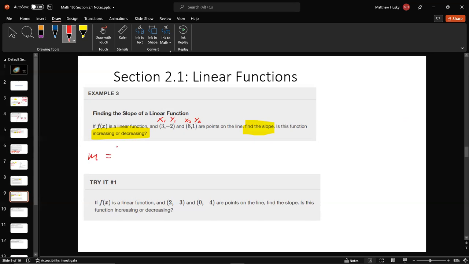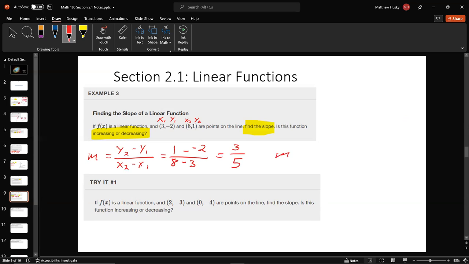So you've got y2 minus y1 all over x2 minus x1. The second y value is a 1. You subtract the first y value, which is -2. Second x value is an 8. Subtract the first x value, which is a 3. 1 minus -2 is the same as 1 plus 2, that's 3. 8 minus 3 is 5.